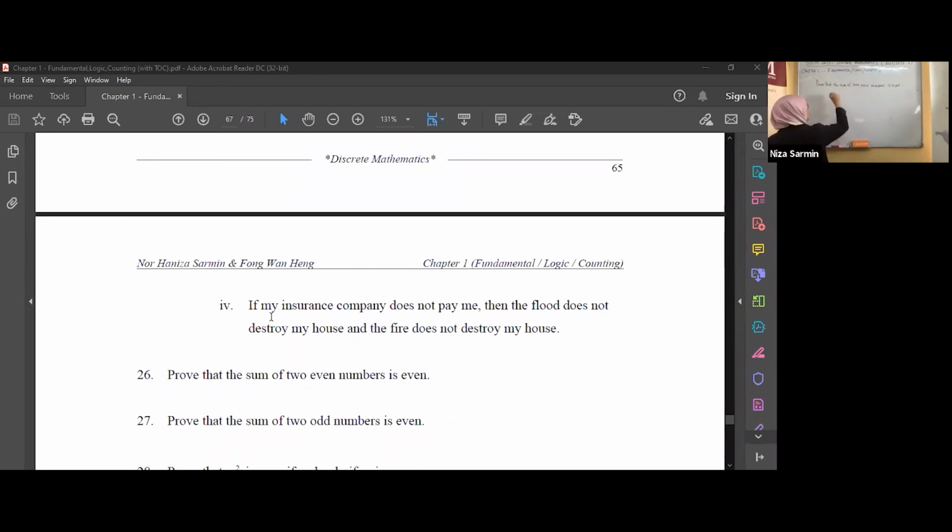So that is to show if x is even and y is even, then x plus y is even. Easy, right? When you write it in terms of symbols.